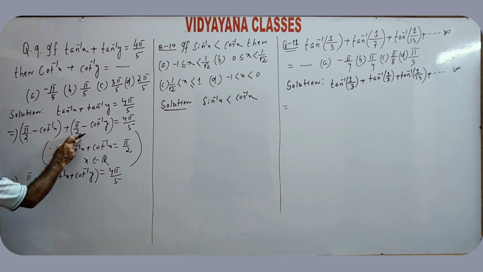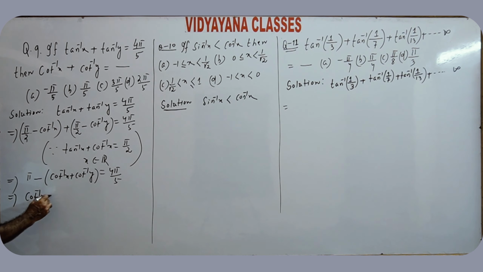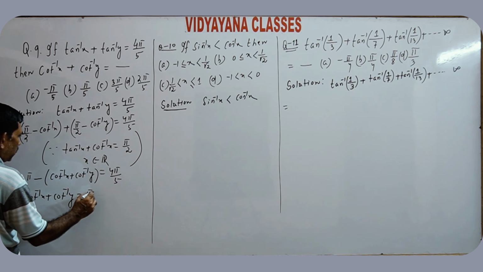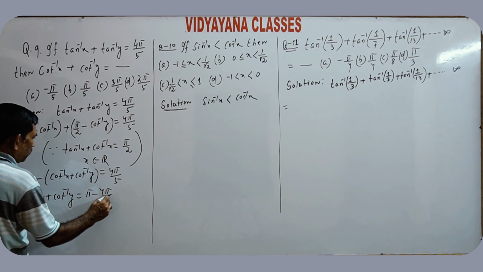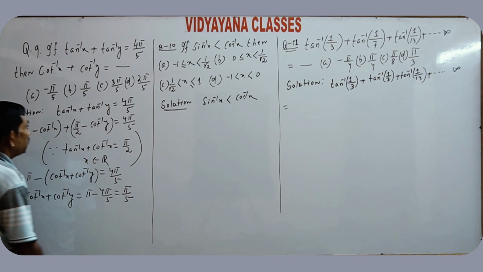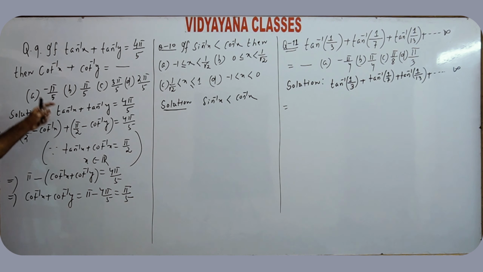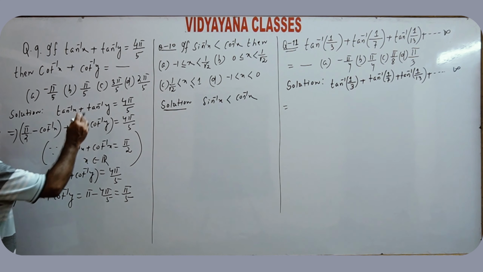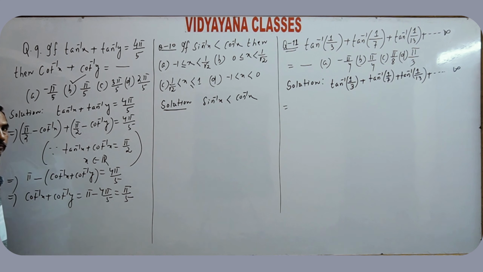This implies cot inverse x plus cot inverse y is equal to pi minus 4 pi by 5, that is equal to pi by 5. Easy question. So the correct option is B.